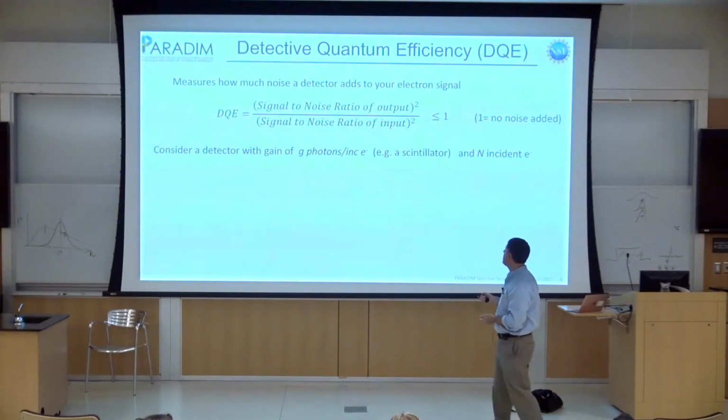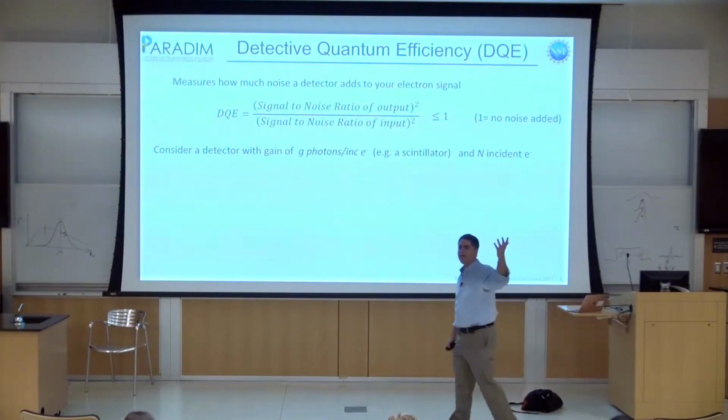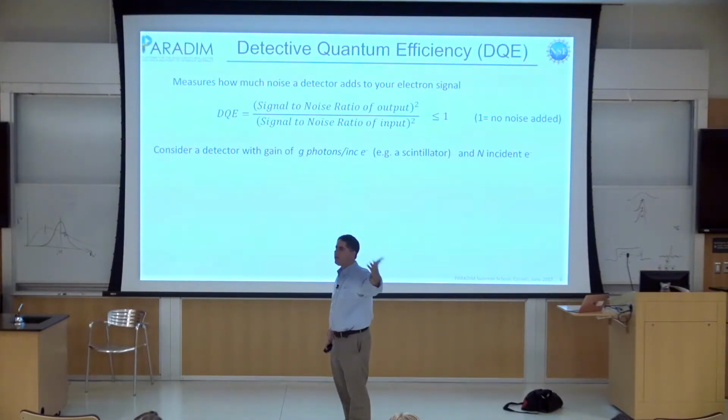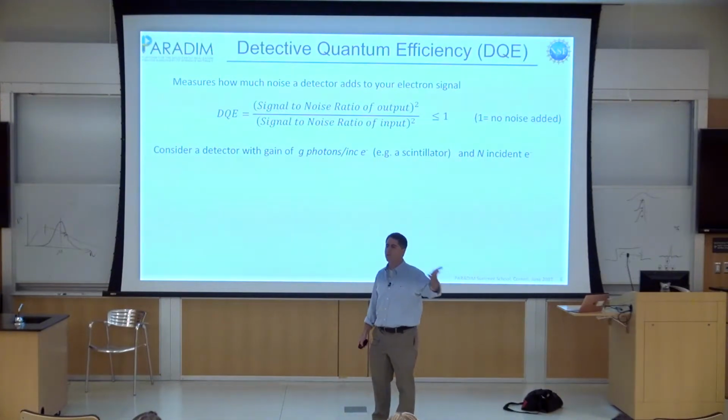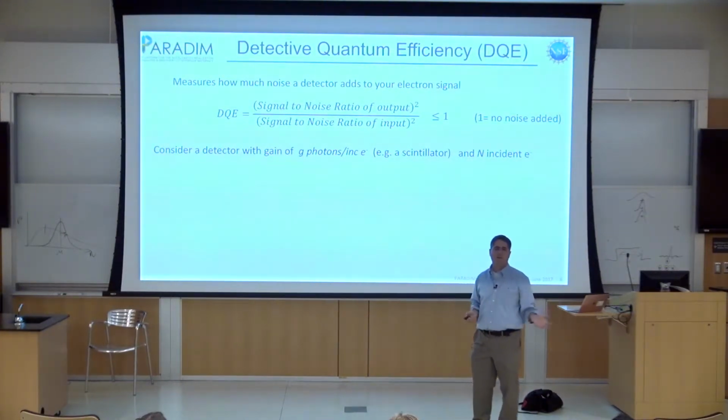So a scintillator has a gain that takes an incident quantum, which is 1 electron, and an output quanta, which are photons, and it might put out 10 or 100 or 1,000 photons. Right? And a good scintillator, if I have a 100 kilovolt electron and I have a 3 eV band gap, then maybe I'm going to get out 30,000 electron hole pairs. Maybe 1% of those will be converted to photons. The rest will decay thermally. And then my conversion is, effectively for the scintillator, maybe 30 photons.